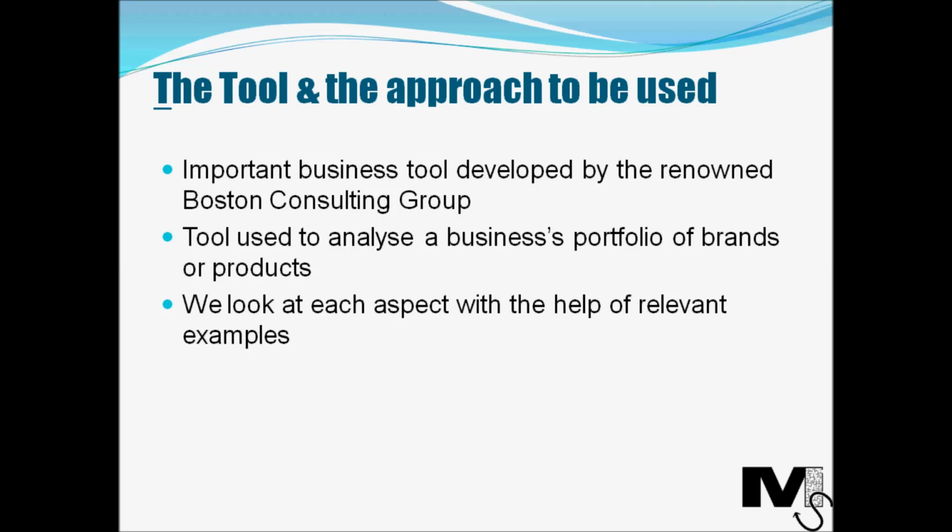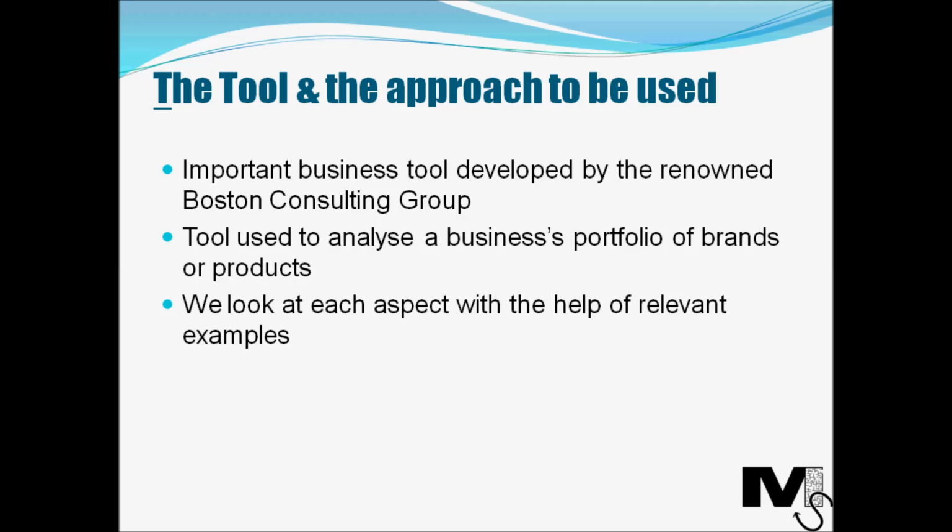So every major business has a wide variety of products, a wide variety of brands where these products are categorized in, and this tool basically separates these products or these brands out into various different quadrants in a matrix based on their performance in the market, based on the amount of money they generate. And then, you'll obviously learn more about how this tool is used through practical examples that we use all through this tutorial.